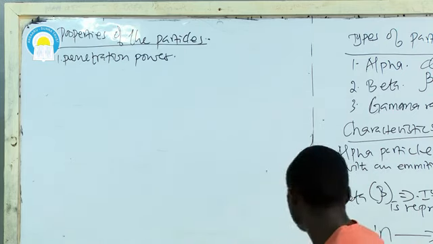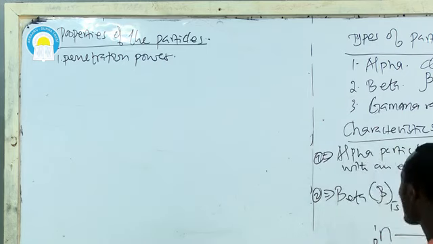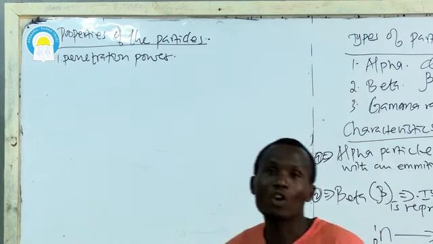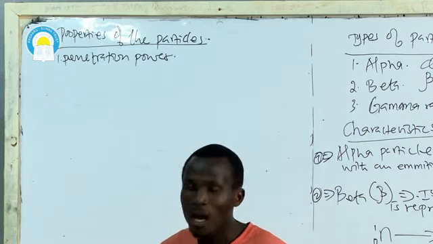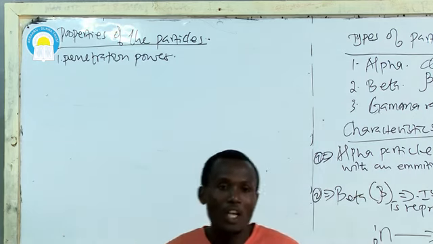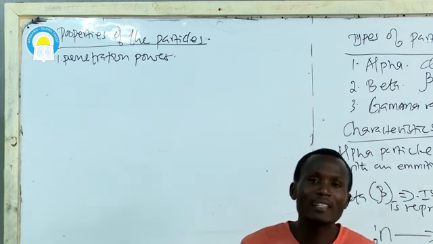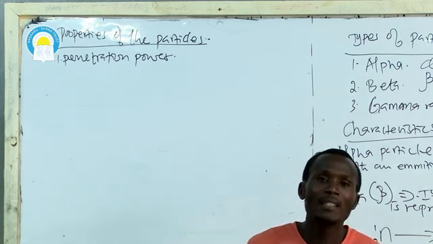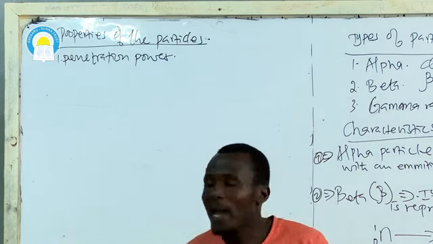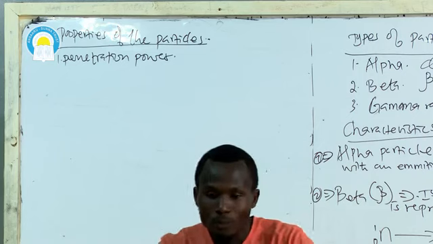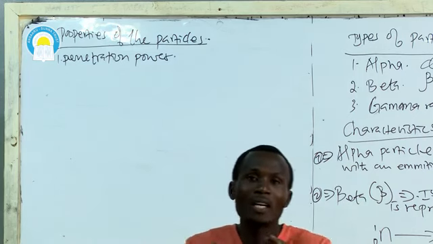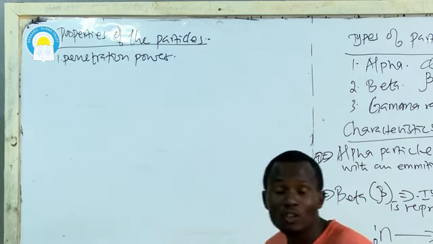The first one, we have the alpha particle, which has got the lowest penetration power, and that one can be stopped by a piece of paper. If we know that a certain radioactive element is undergoing decay by emitting an alpha particle, then we can shield whatever is around, or cover it using a piece of paper.